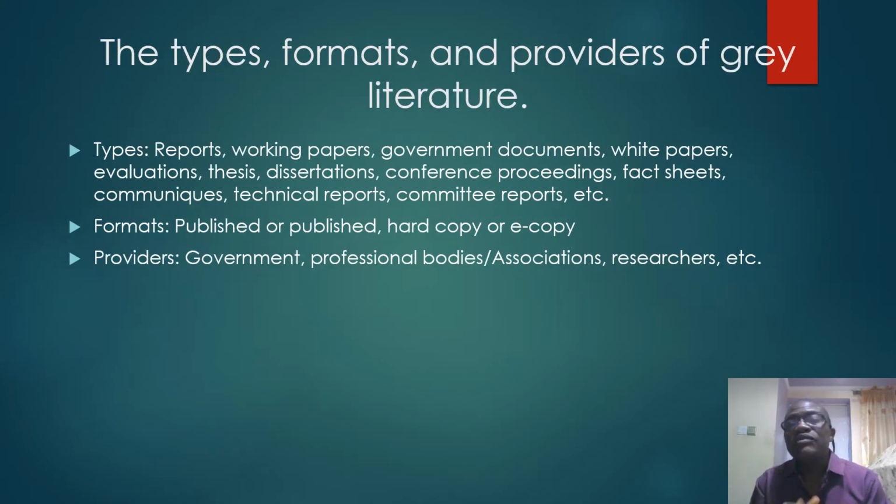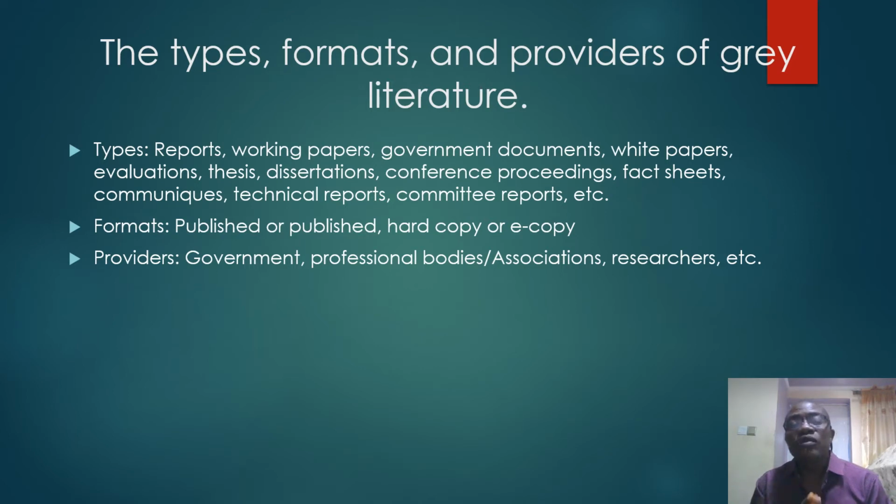Let's look at the types, formats, and providers of grey literature. The types of grey literature we have are reports, working papers, government documents, white papers, evaluations, theses, students' theses, that is, students' dissertations, especially PhD dissertations, conference proceedings, fact sheets, communiques issued after some important gatherings, technical reports, committee reports, and others.